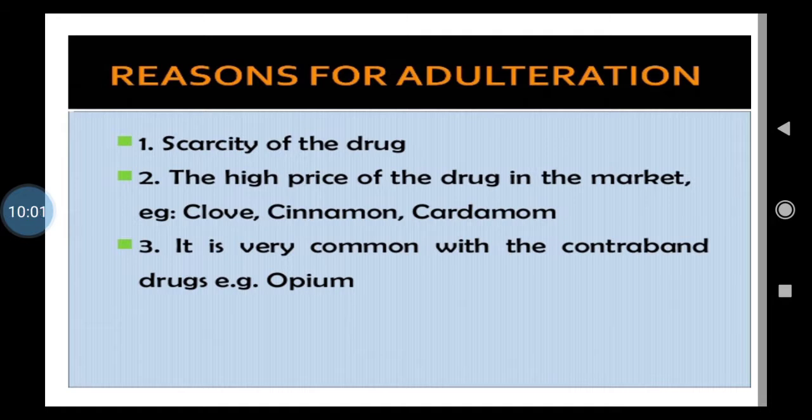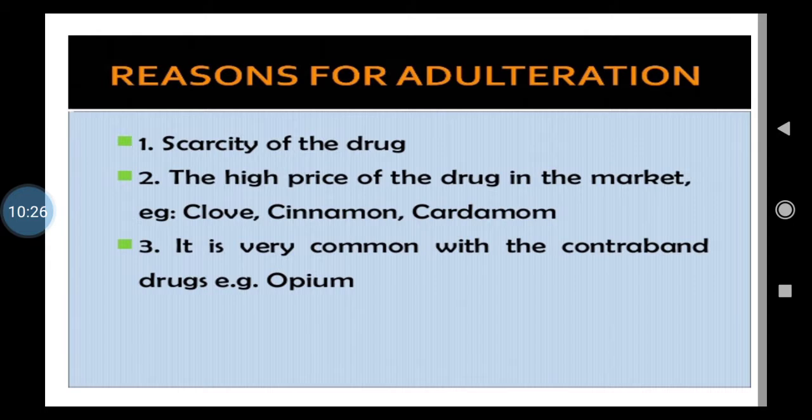Then another reason is that it is very common with contraband drugs, the drugs which are prohibited or banned. In that case also you will find adulteration, and the price is also high. For example, the opium drug, which we will discuss later after finishing this topic.